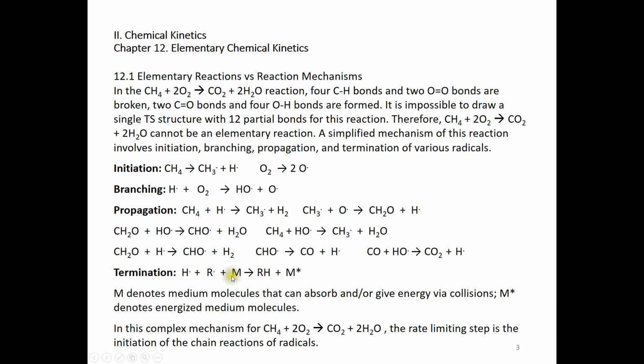So we use M to denote some medium molecules that can take away the energy from the recombination reactions between the radicals. M star denotes the energized medium molecules. So M absorbs some energy released from this recombination of radicals, and becomes M star.